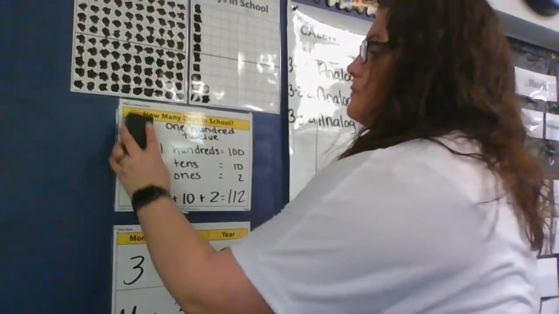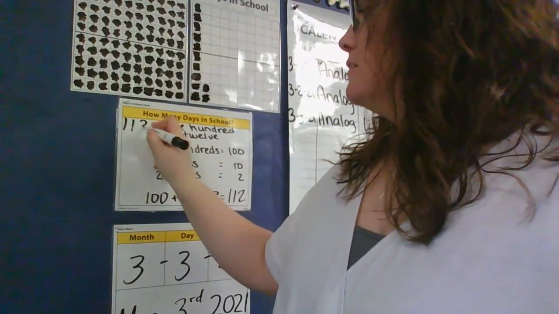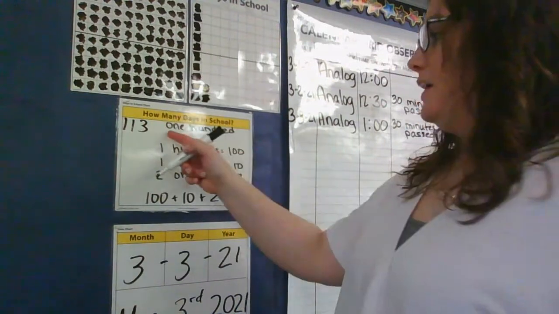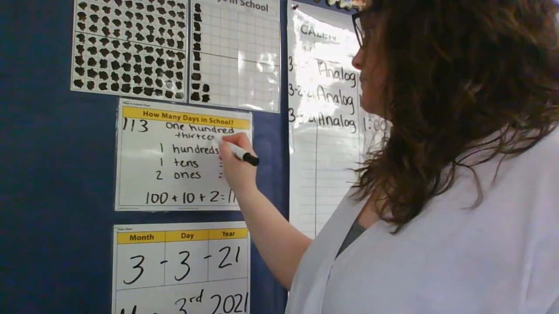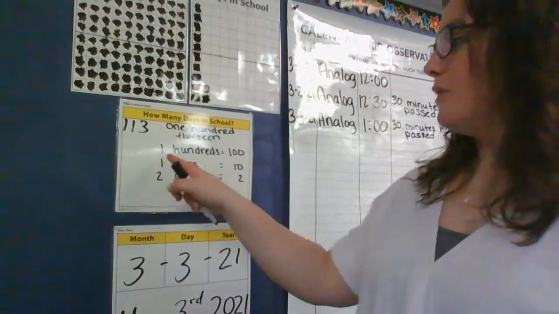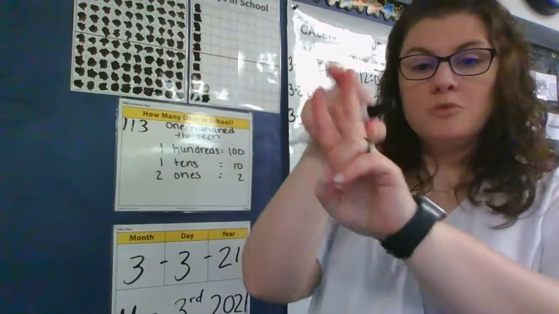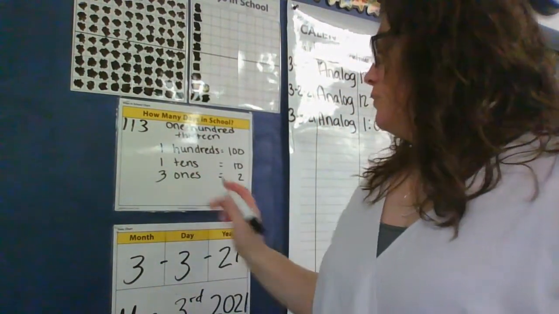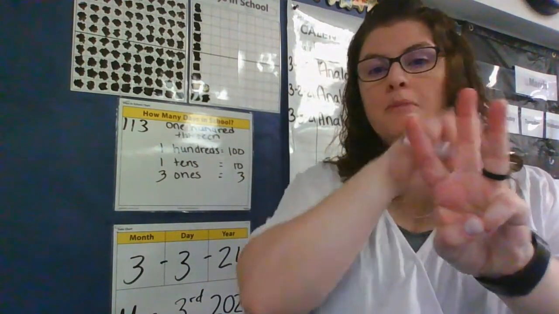So that means we have a 1 in our hundreds, a 1 in our tens, and a 3 in our ones. We're going to write it out as 113. The only thing we're going to change down here, because we have our 1 in our hundreds place, which means we have one group of 100 days, a 1 in our tens, which means we have one group of 10 days, and then instead of 2 ones, we have 3 ones, which tells us we just have 3 days by themselves.